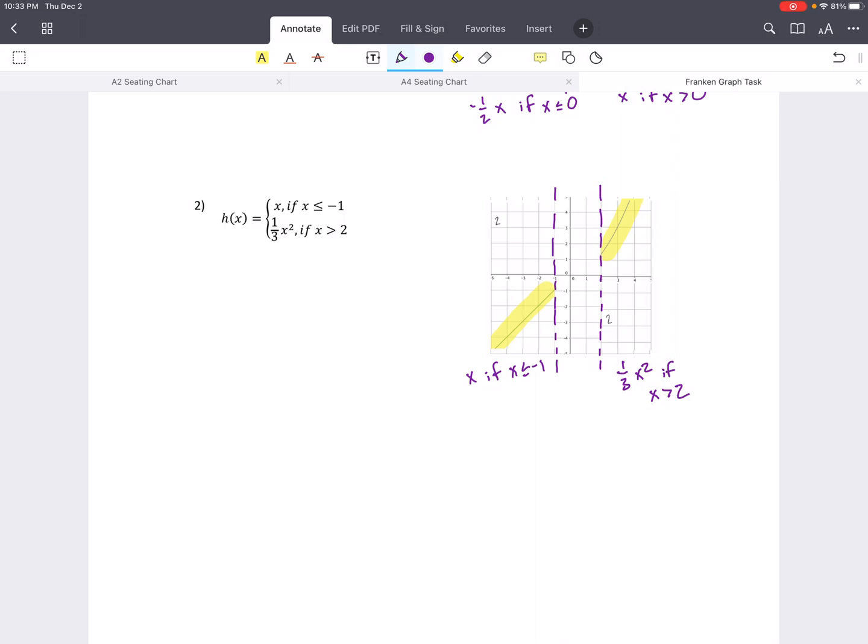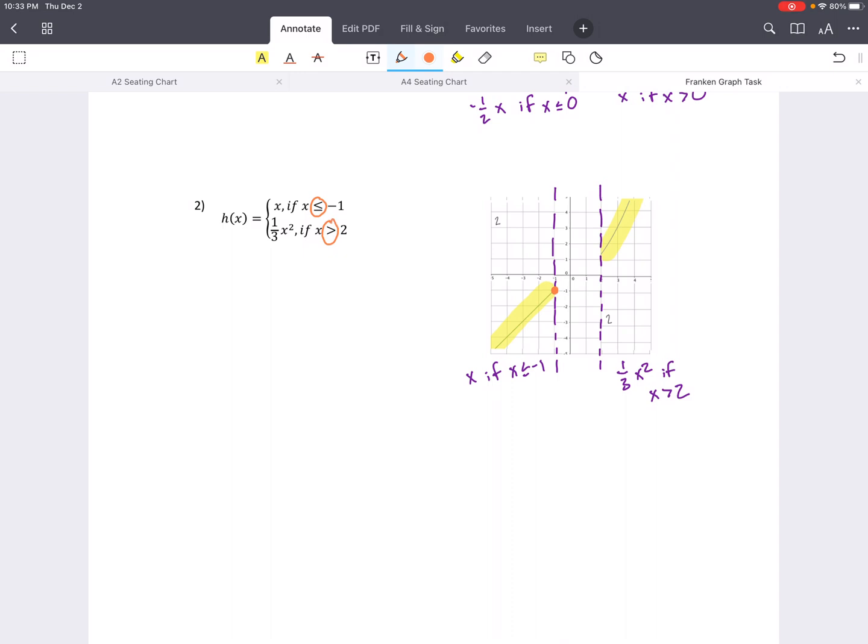At this time, I want to talk about the difference between less than or equal to versus just less than or greater than. How I'd represent this on a graph: if it's less than or equal to -1, I'm going to put a point here to represent yes, it does for sure hit.